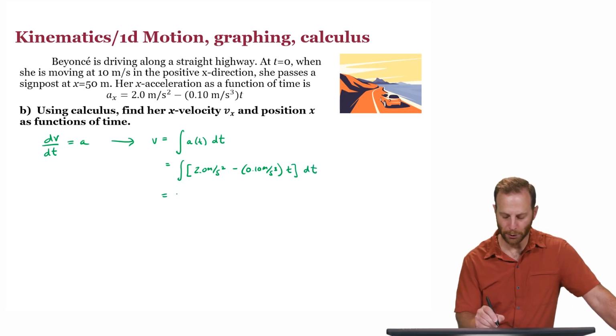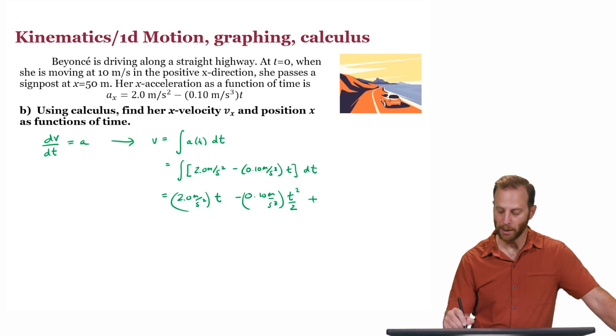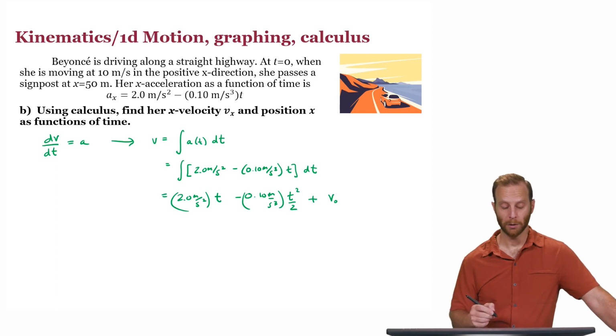When you do that integration, this term is constant, giving you a linear term. This term has a t in it, so this is 0.010 meters per second cubed, t squared over 2. And then there needs to be an integration constant. That's what we might call v naught. And now we can use additional information.